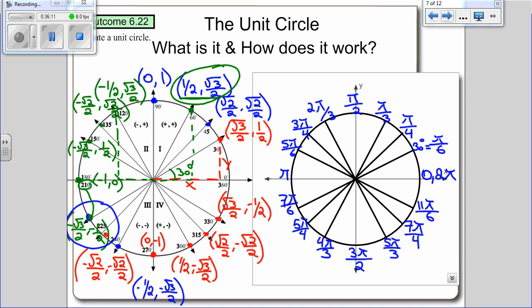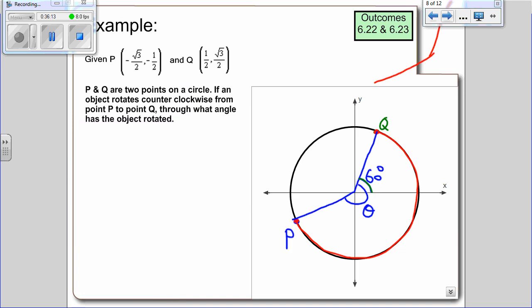So we have a few options here. You're trying to calculate this angle theta. And all you know is that 60 degrees would get you from the x-axis to Q, and 210 degrees would get you from the x-axis all the way to P. So what I'm going to do is figure out the angle from P back to the x-axis.